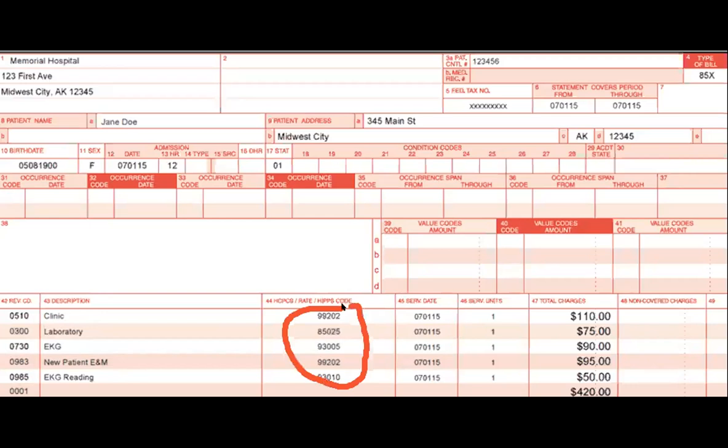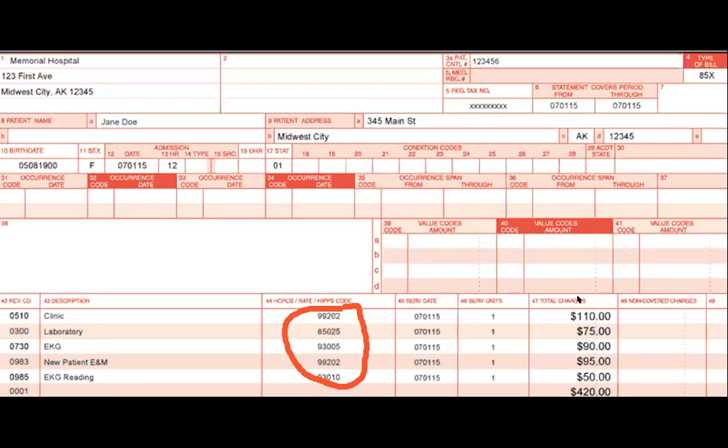Besides my RHIA, what type of codes are these codes that are sitting right here? HPPS codes. So yes and no.